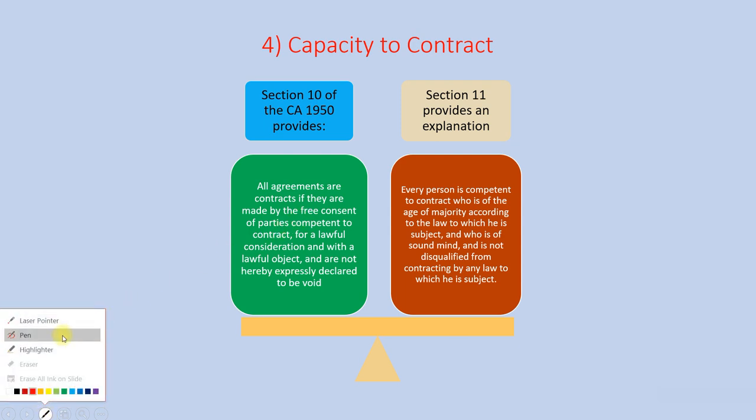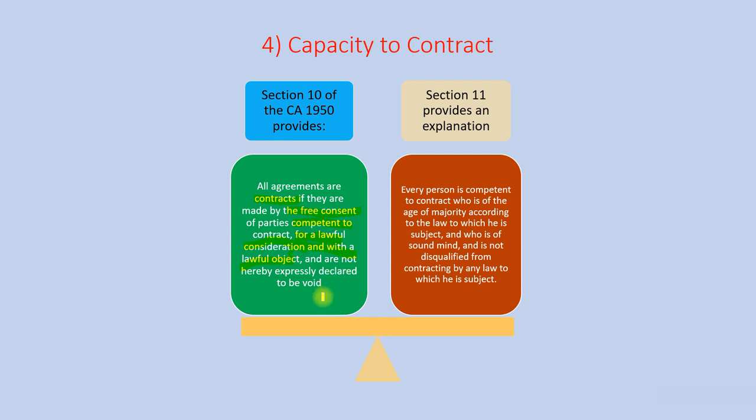I highlight the important points here. All agreements are contracts if they are made by the free consent. The second is free consent of the parties competent to contract, with lawful consideration, with a lawful object, and not hereby expressly declared to be void.